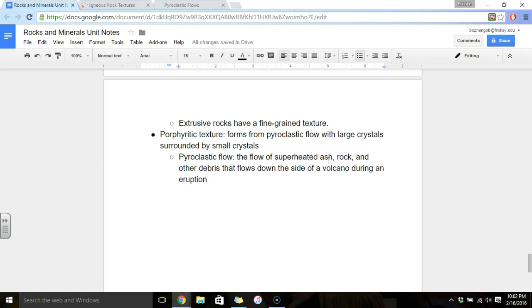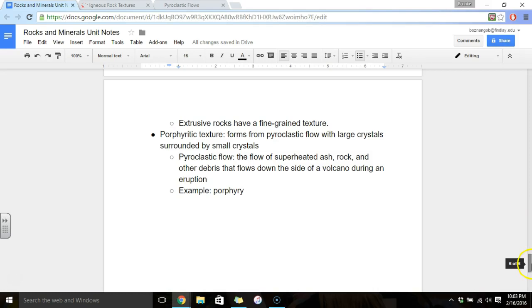Just so I remember, looking back, a pyroclastic flow is the flow of superheated rock, ash, and other debris that flows down the side of the volcano. And an example of a rock that has porphyritic texture is porphyry.